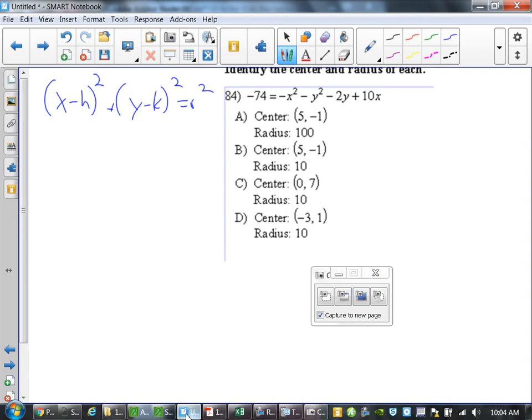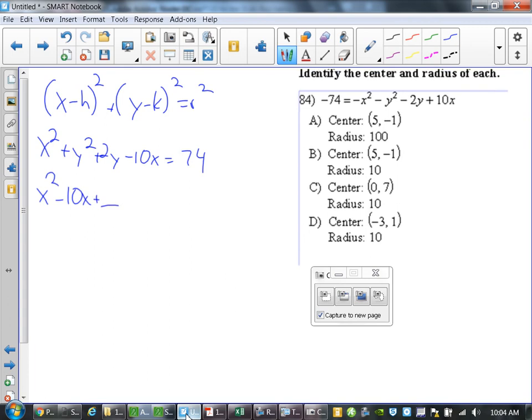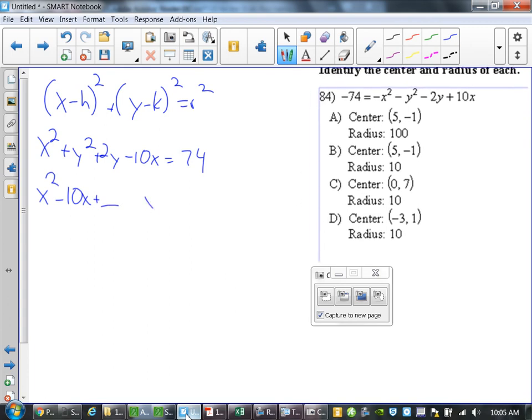Flip-flop. You get x squared plus y squared plus 2y minus 10x equals 74. All I did was basically multiply everything by -1 by moving things back and forth. I'm going to set this up to complete the square: x squared minus 10x plus blank, then y squared plus 2y plus blank equals 74 plus blank and blank.